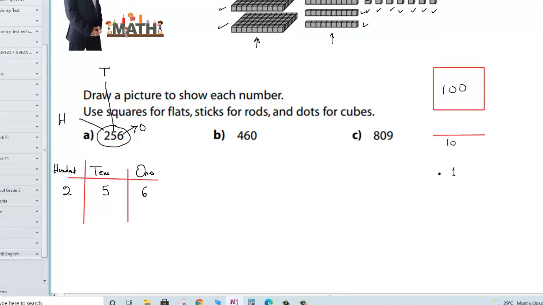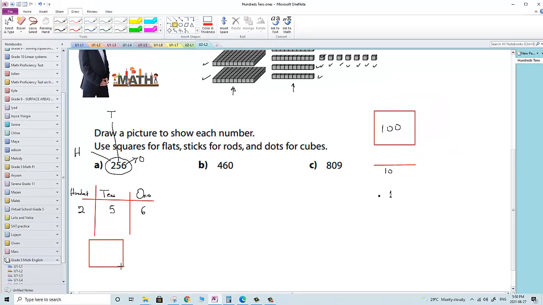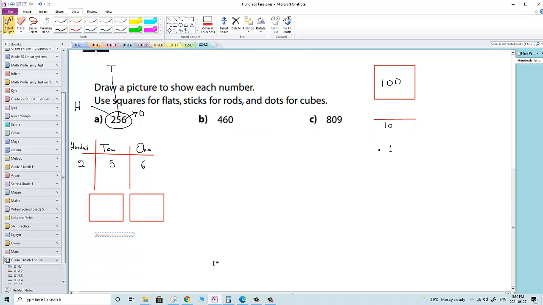So if I want to draw now, I can say I have 2 squares to represent the 200. I have 5 tens, this is 5 sticks, so 1, and I can copy this one and paste it here: 2, 3, 4, and 5. And after that, the 6 I can represent with dots: 1, 2, 3, 4, 5, 6.